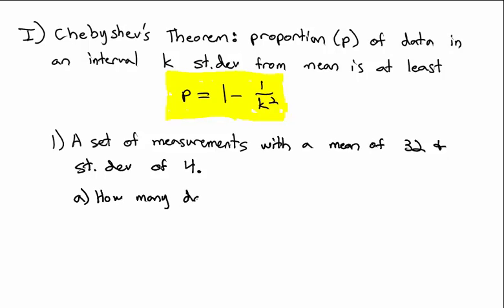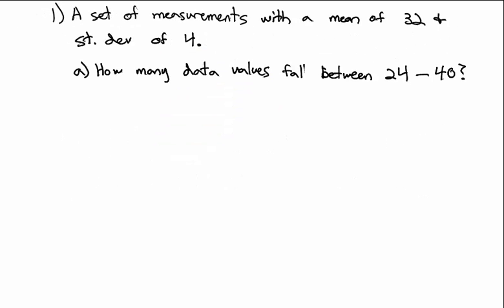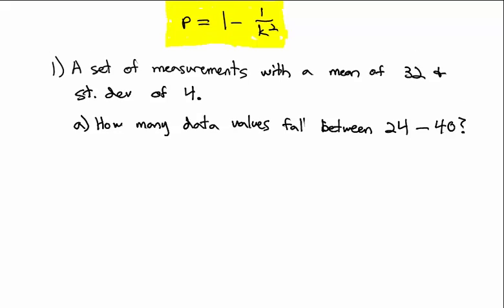How many data values fall between 24 to 40? Well, 24 and 40, those are X values. Those are specific data values. We need to know how many standard deviations away those are. So we're going to need to actually calculate the Z values.